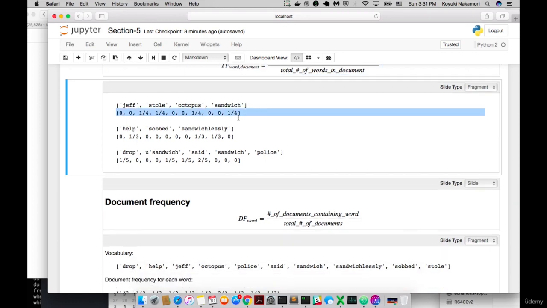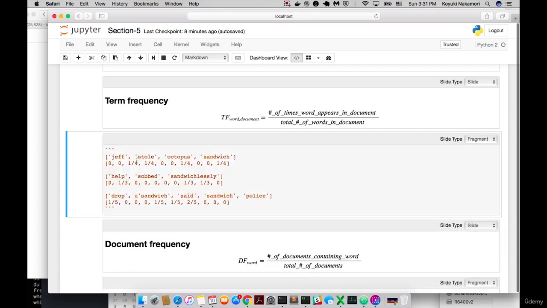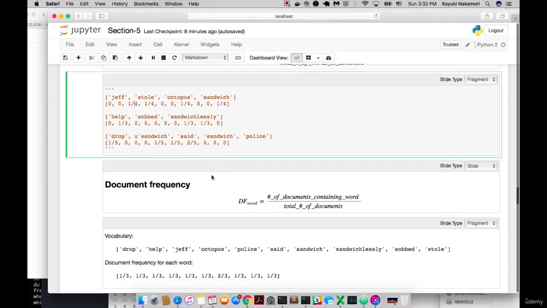So you can see TF, you can get something like this. Jeff appears once in this document, but it appears 4 times in the entire corpus. So you can see it's 1 over 4. Okay, great.